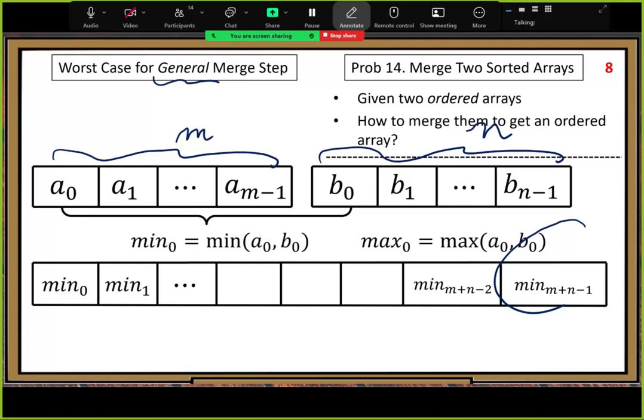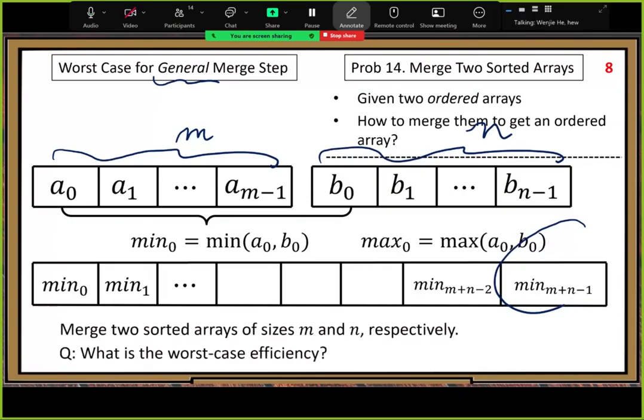So the number of comparisons should be the number of total elements minus 1. And the number of total elements is m plus n. So the answer for this general step is m plus n minus 1. So that's the general merge step.